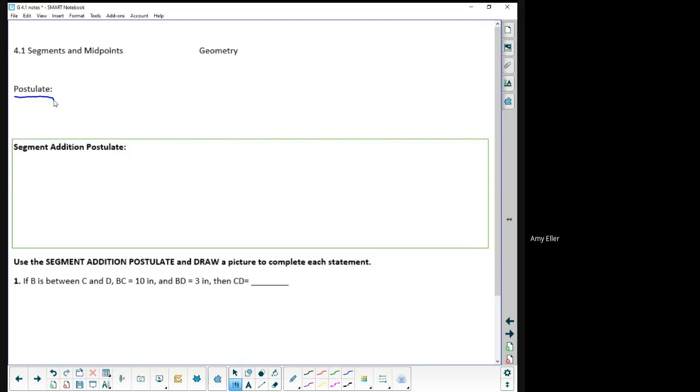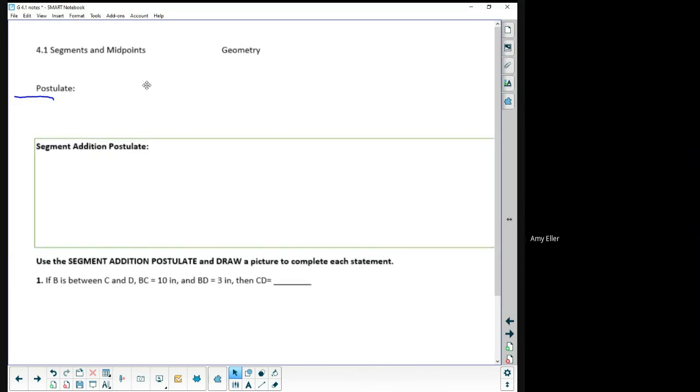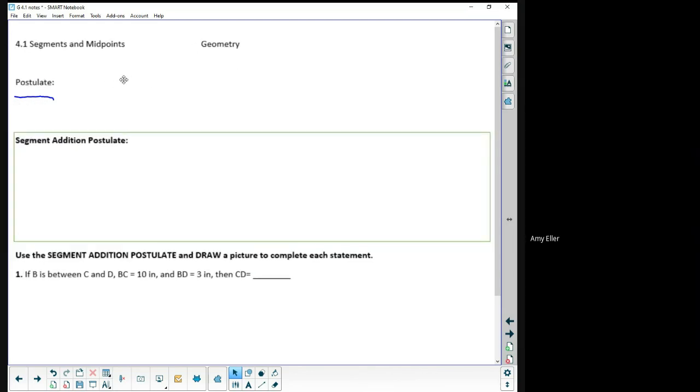Yeah, somebody did a bunch of work and they proved it, and now it's always true because of that proof. A postulate is a statement that is accepted as true without proof.